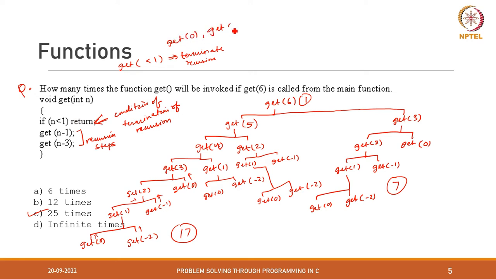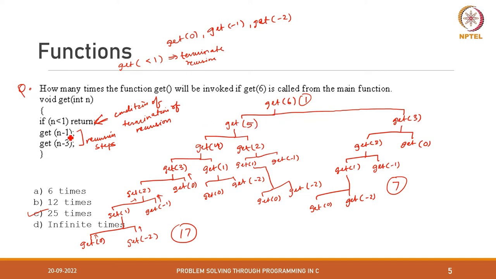Until we call these, all the get functions with these inputs will not terminate. So anything before that, even get of 1, will further continue into the recursion. So this get of 6, when we invoke, it will call get of 5 and get of 3, right?